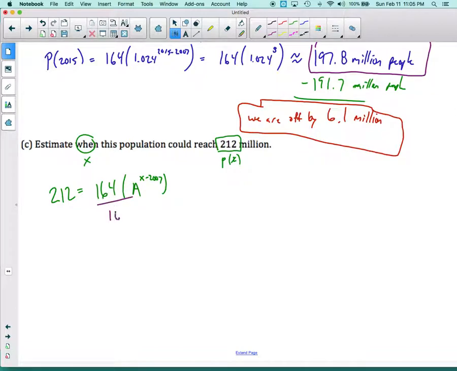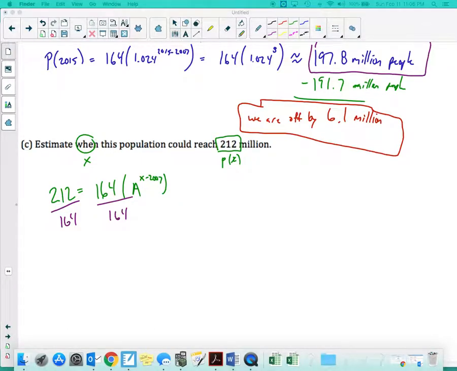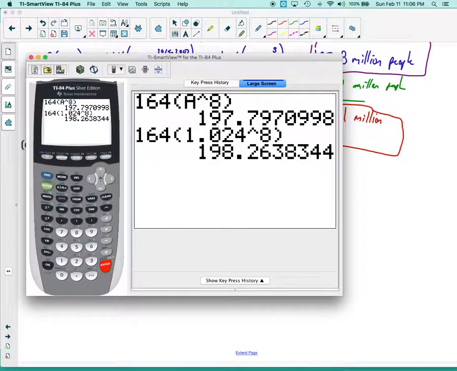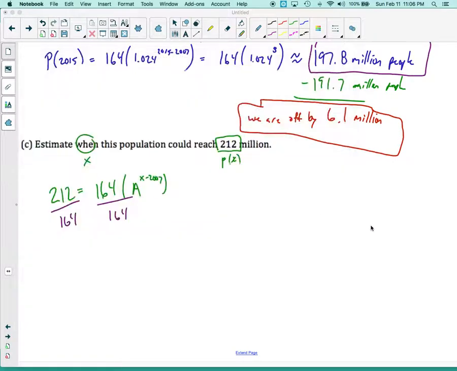So 164, get that out of there. So 212 divided by 164 is 1.292, or 1.293. But let the calculator hold on to that number. Don't clear that out. I'm just going to approximate it down.